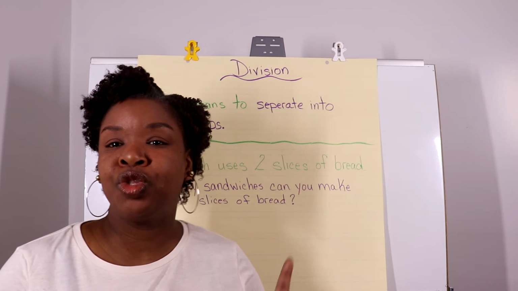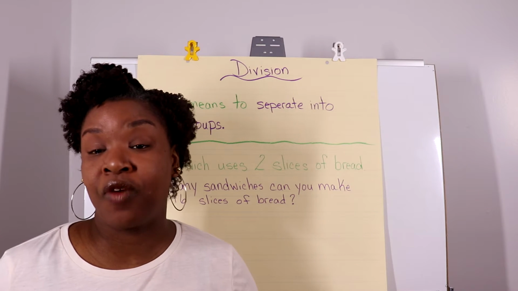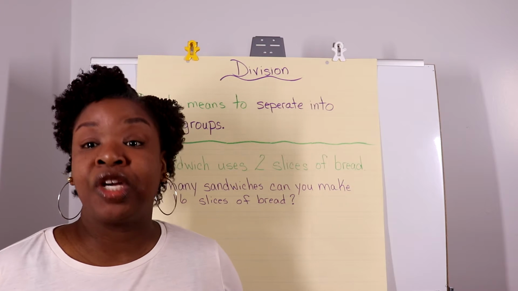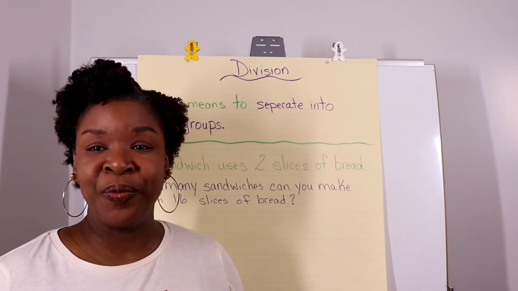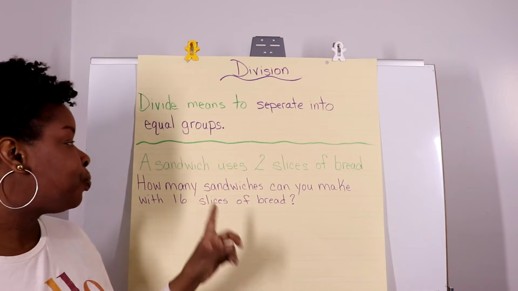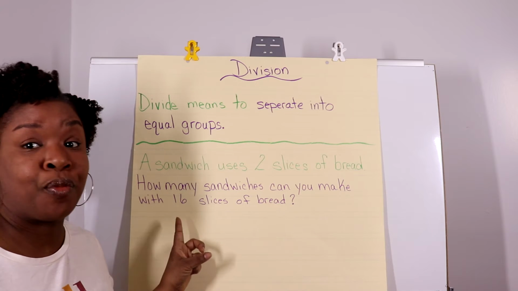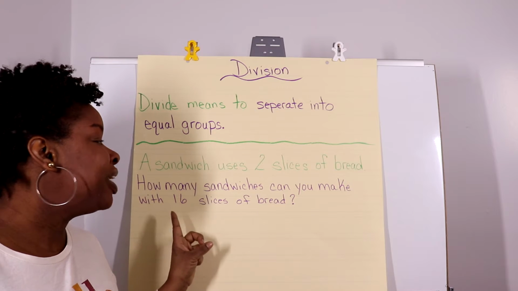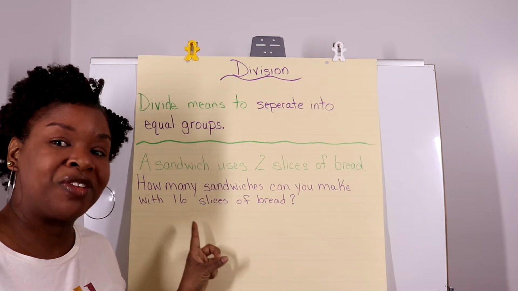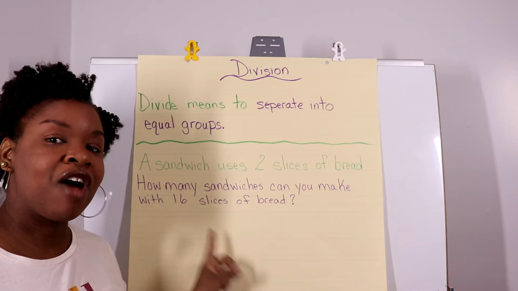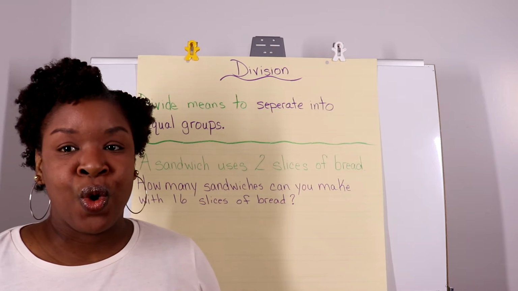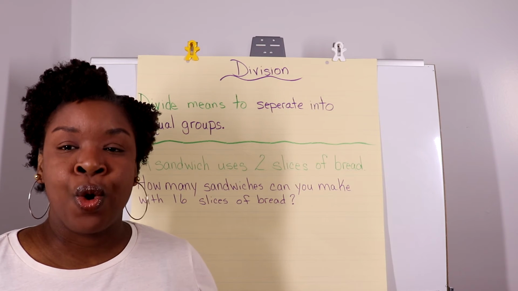So let's jump into this word problem and see if we can solve it. We're going to use illustrations to solve the first problem. A sandwich uses 2 slices of bread. How many sandwiches can you make with 16 slices of bread? So now we have to stop and think.